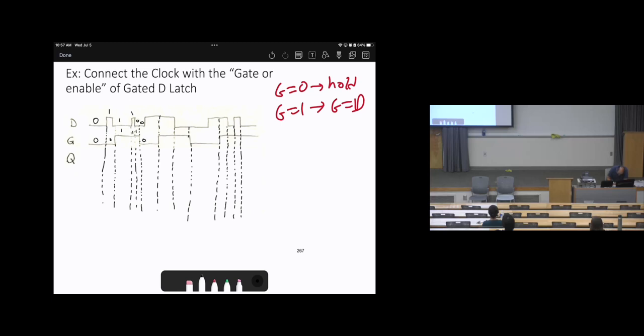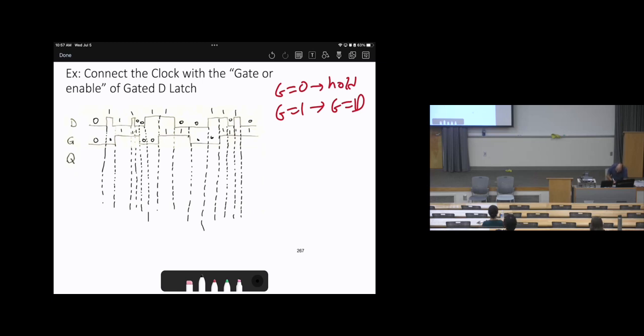Here's still 0, 0, 1. I forgot to put this guideline. Here is 0, 1, 1, 0, 1, 0, 0, and there's a guideline here. 1, 0, 1, 1, 0, 1, 1, 1, 0, 1.